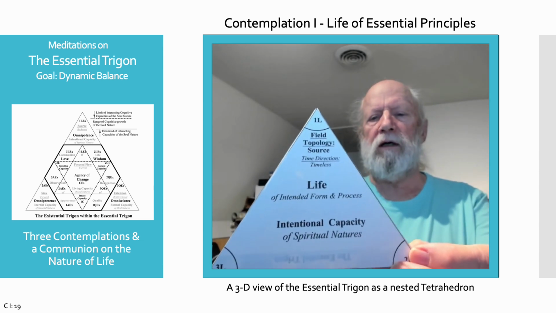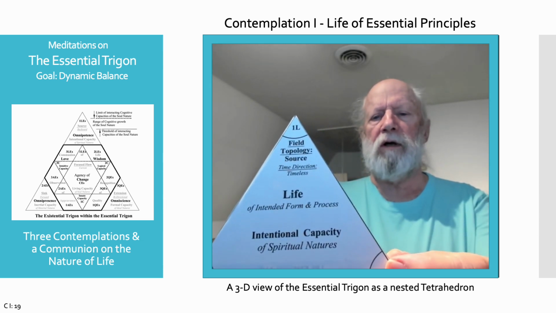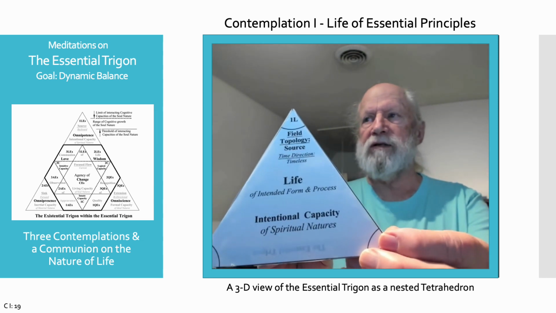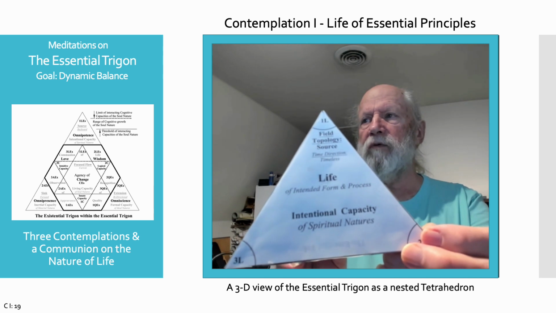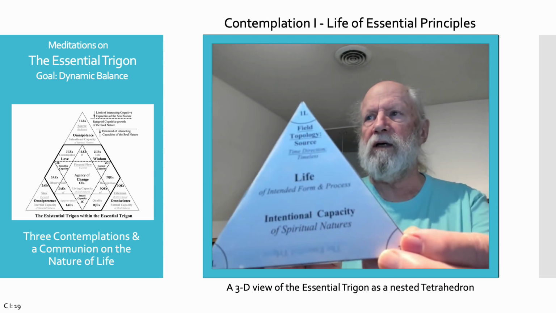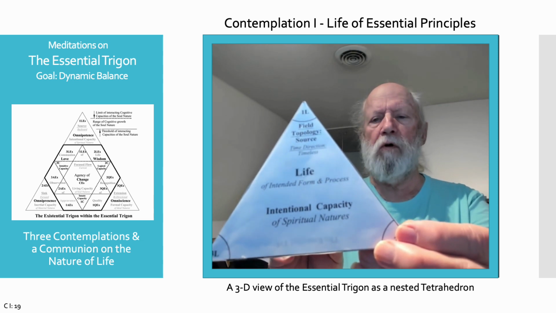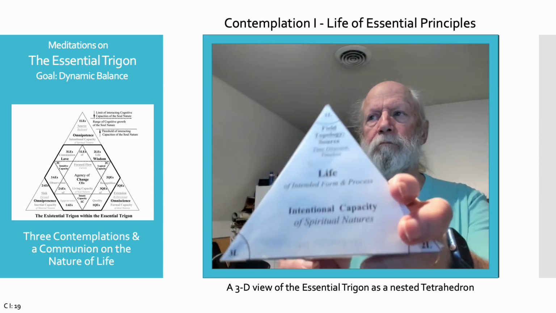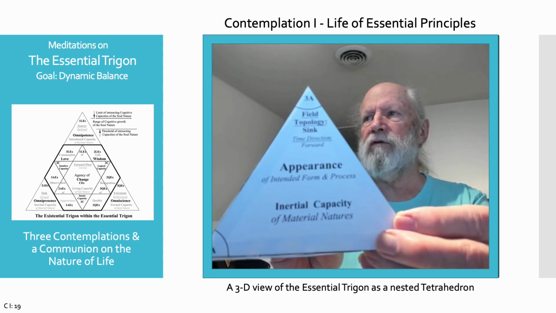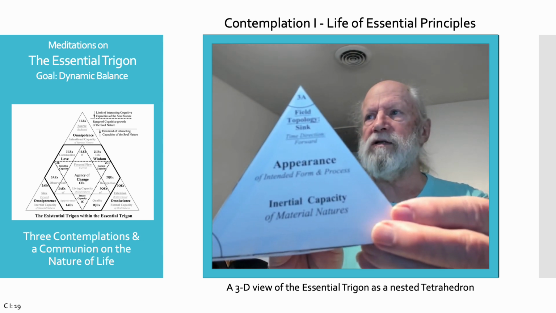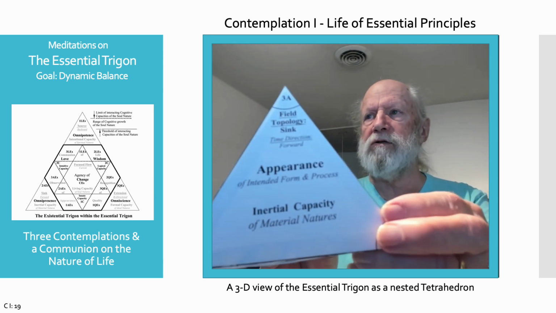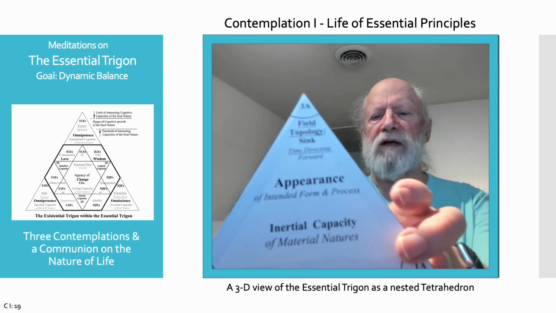Well, the 3 that are essential and always remain essential are potentials of this concept. We start with the intentional capacity of spiritual natures as life of intended form and process. One of the other faces of the 3 upper faces is the inertial capacity of material natures of intended form and process.